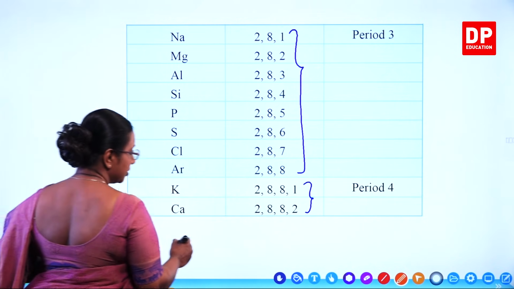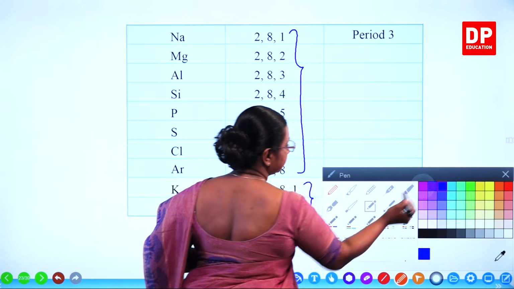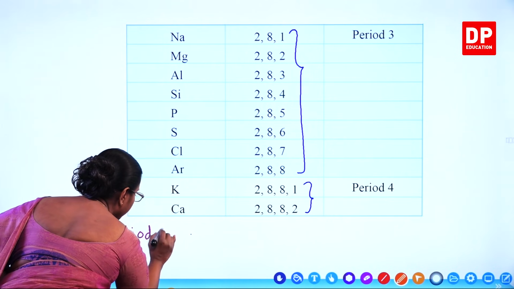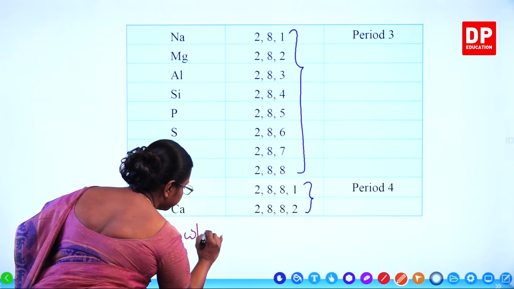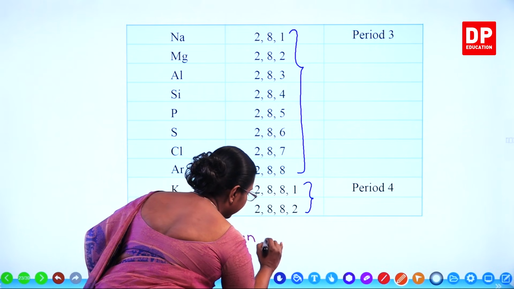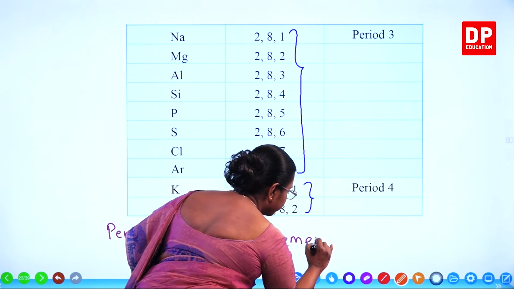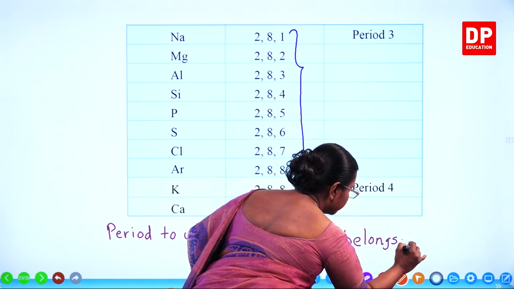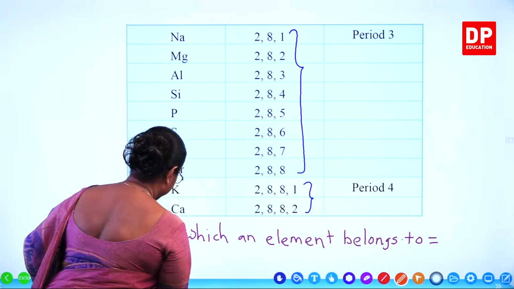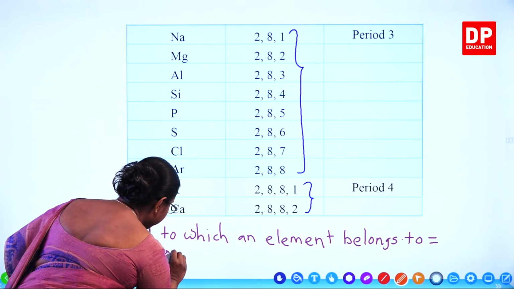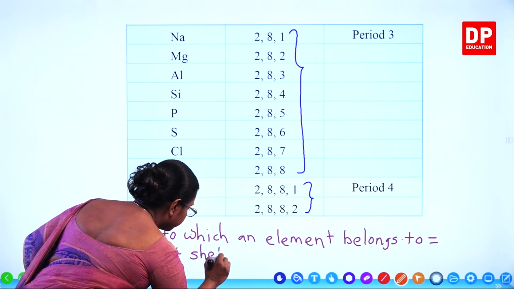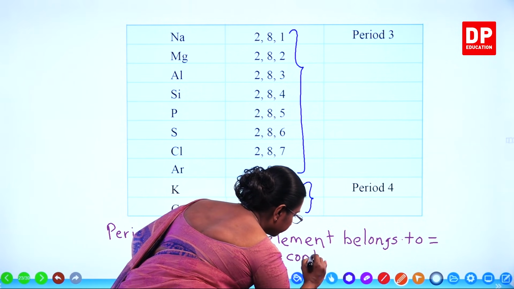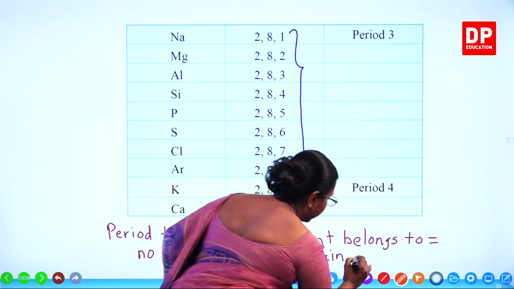If we put that as a note, we can say the period to which an element belongs to is equal to the number of shells that contain electrons.